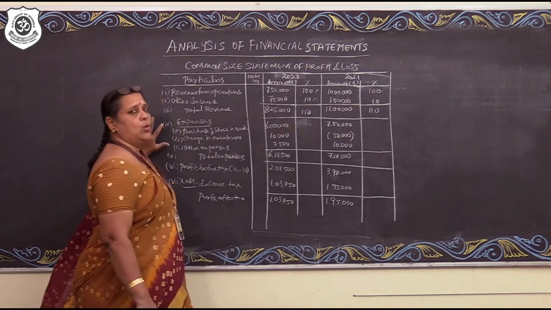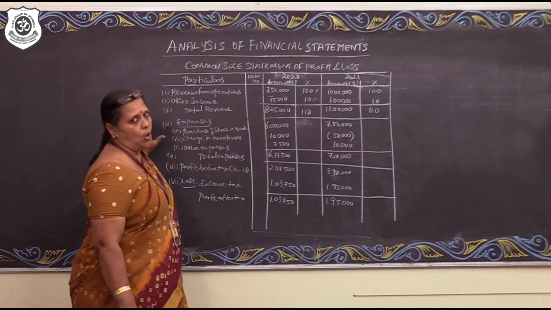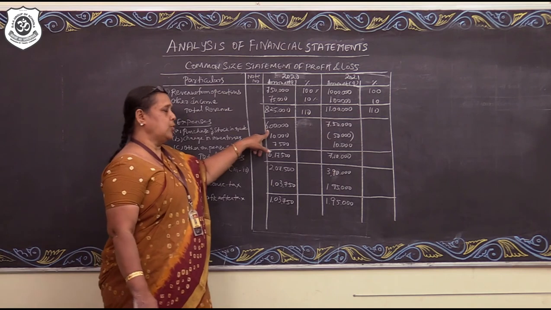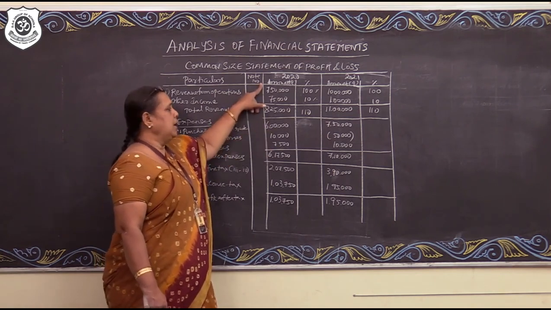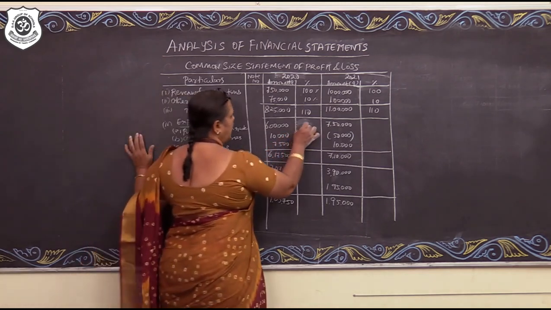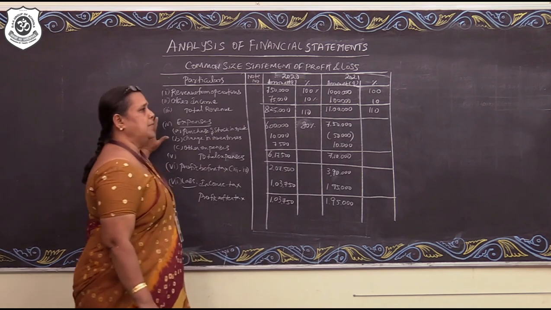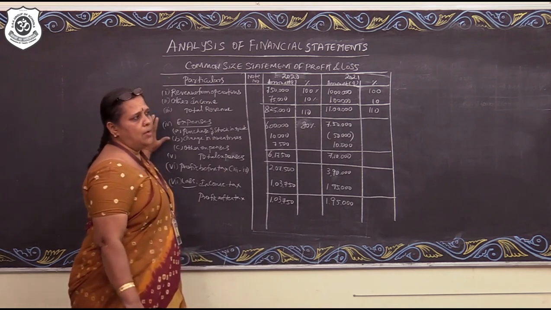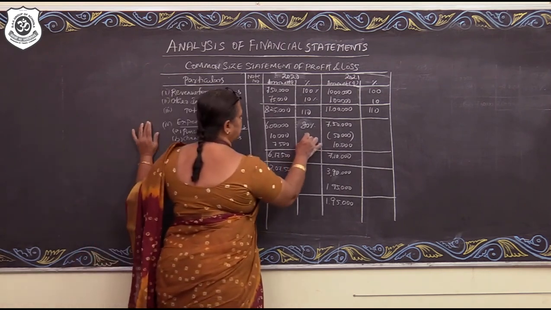Now we are going to find out the proportion of each of the expense to the total revenue from operations. So purchase of stock in trade is 6 lakh rupees. 6 lakh divided by 7,50,000 into 100 gives you 80%. The next, change in inventories 10,000 rupees to 7,50,000 rupees gives you 1.33%.